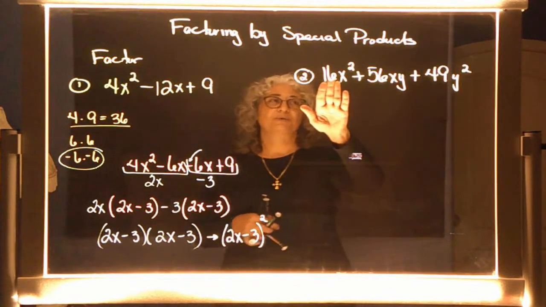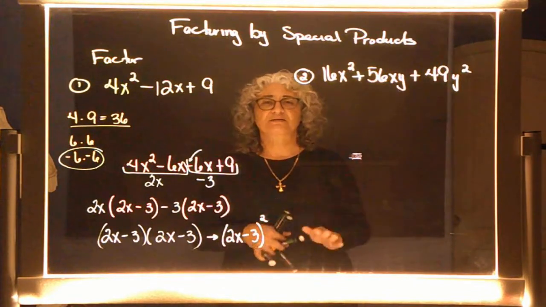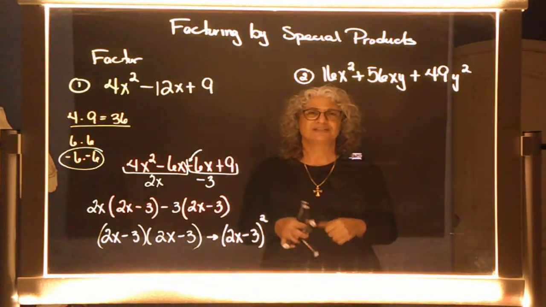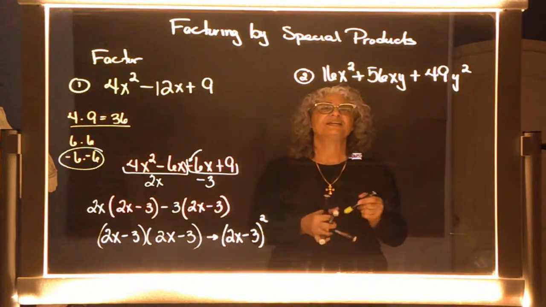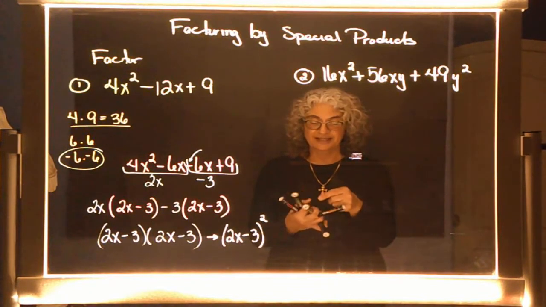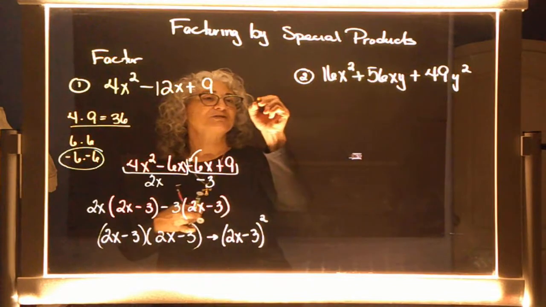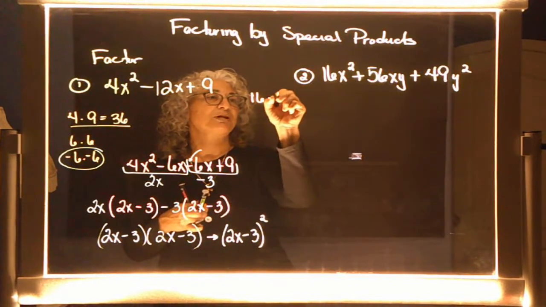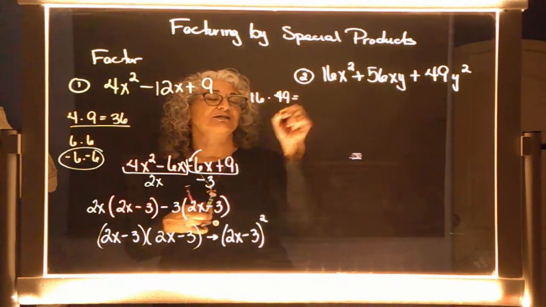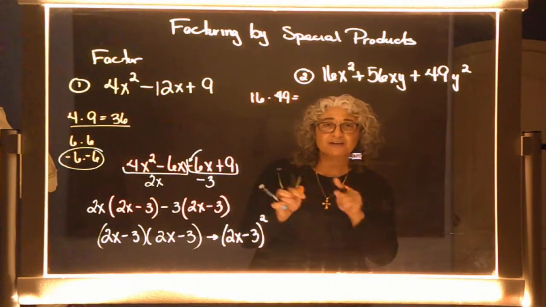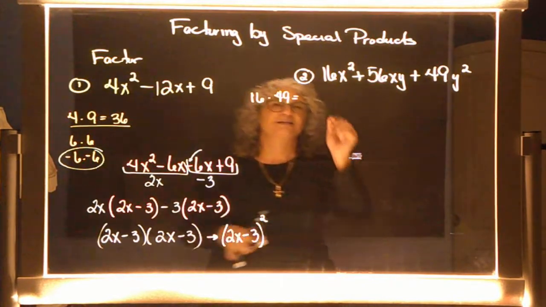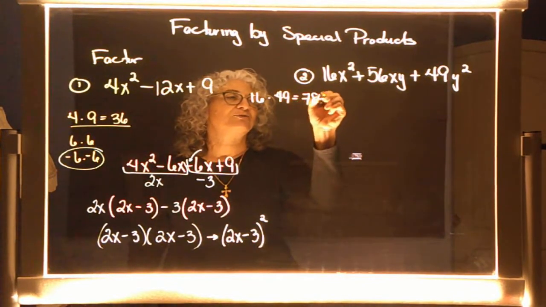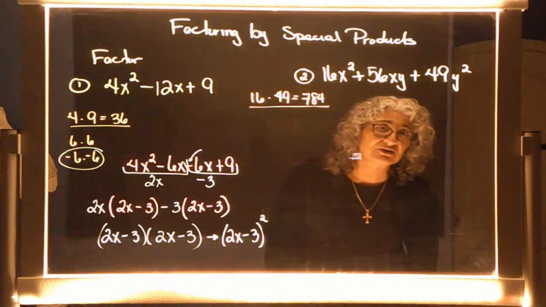Sure. X squared, x to the first, no x's. We're good. So how do you start? Yeah, you're supposed to take the first number, which is 16, and multiply it by the last number, which is 49. And when you multiply those two together, what do you get? 784.